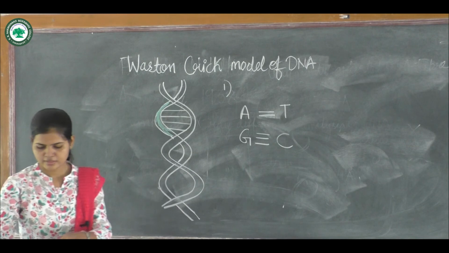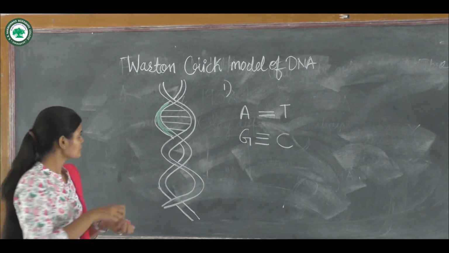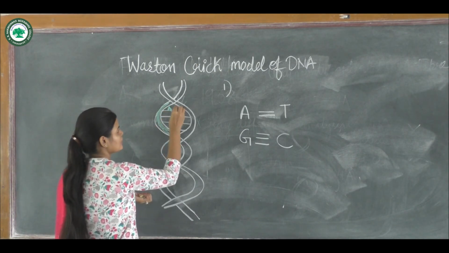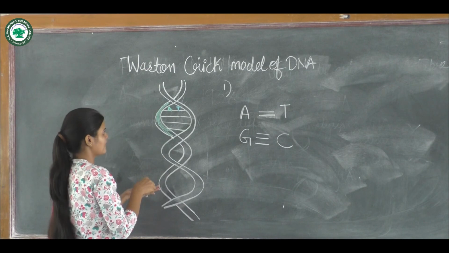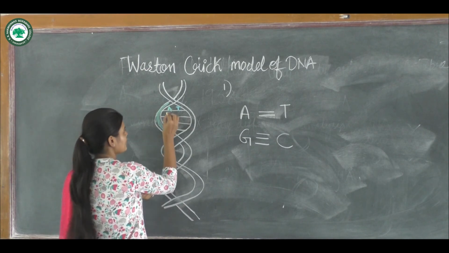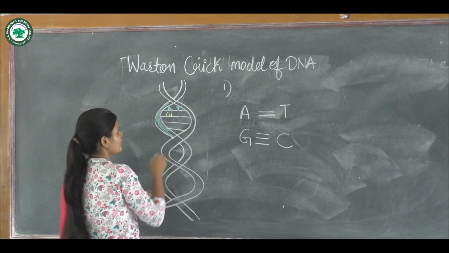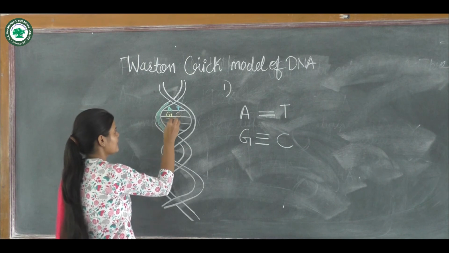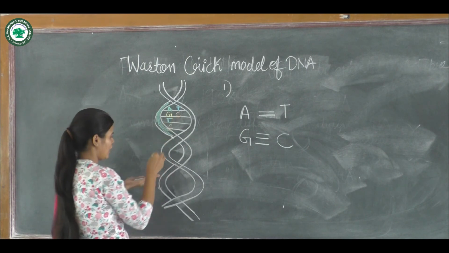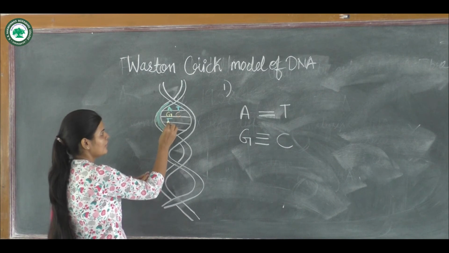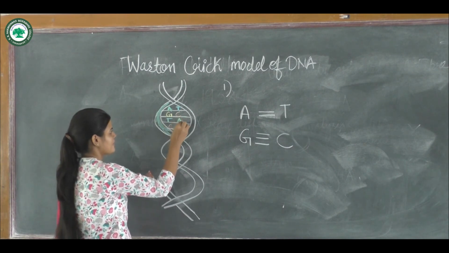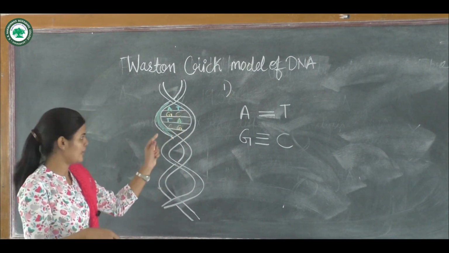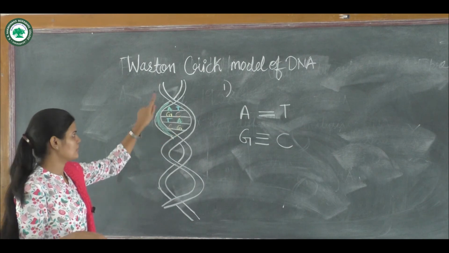Likewise, if we see here, suppose A is there, it will pair with T. Here G is there, it will pair with C. Further, suppose T is there and C is there, then T will pair with A and C will pair with G. So the nitrogenous bases are arranged like this in the double helix.